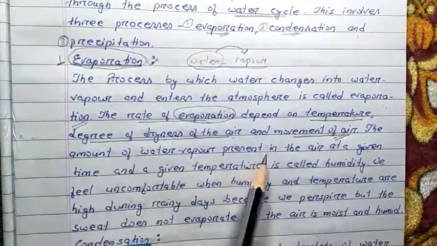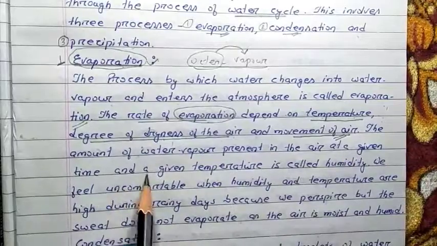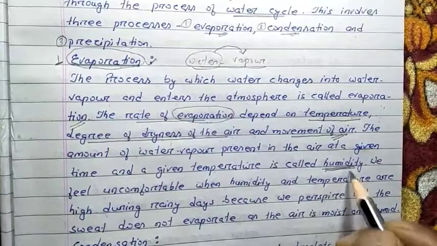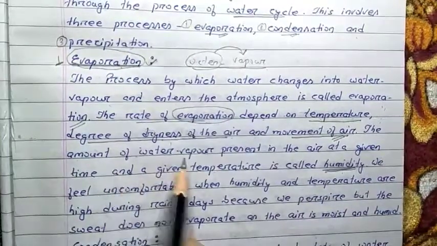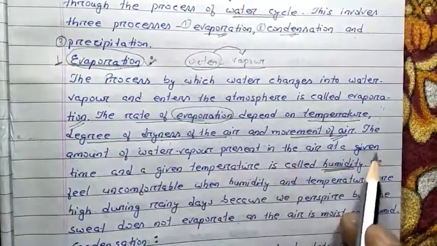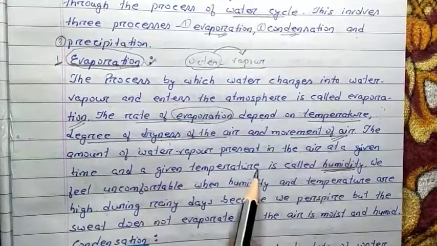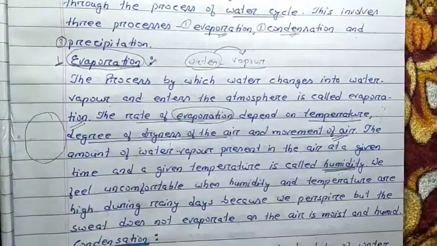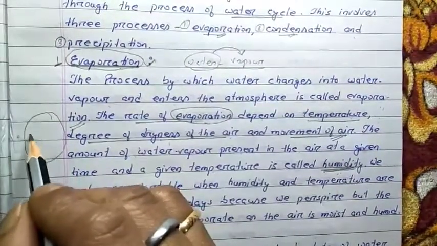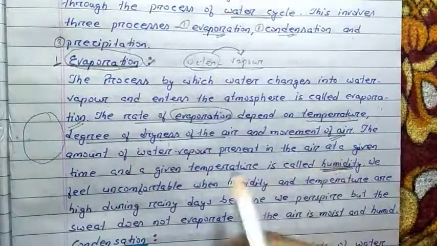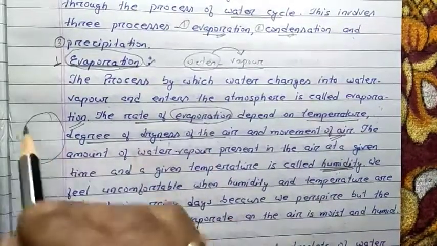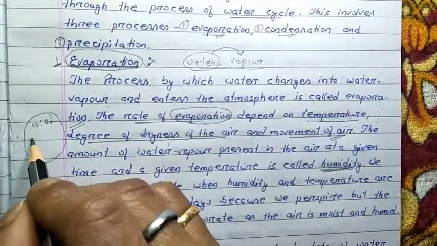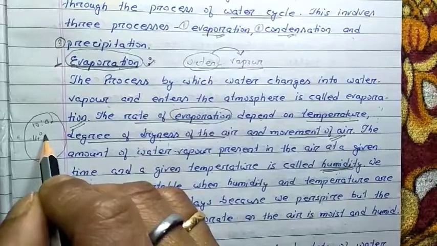The amount of water vapor present in the air at a given time and a given temperature is called humidity. It is a very important term. What is the meaning of it? In a particular restricted place, suppose this much area, a given time will be specified, say 10 a.m. At 10 a.m., let the temperature of this area be 14 degrees Celsius.